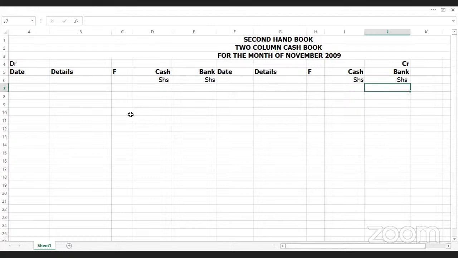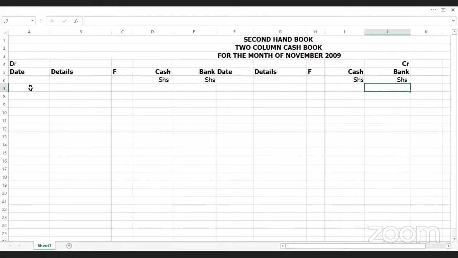Now this second-hand bookshop has been in operation, and at the start of November 2009, they have some balances for cash and bank that are brought forward from the previous period.